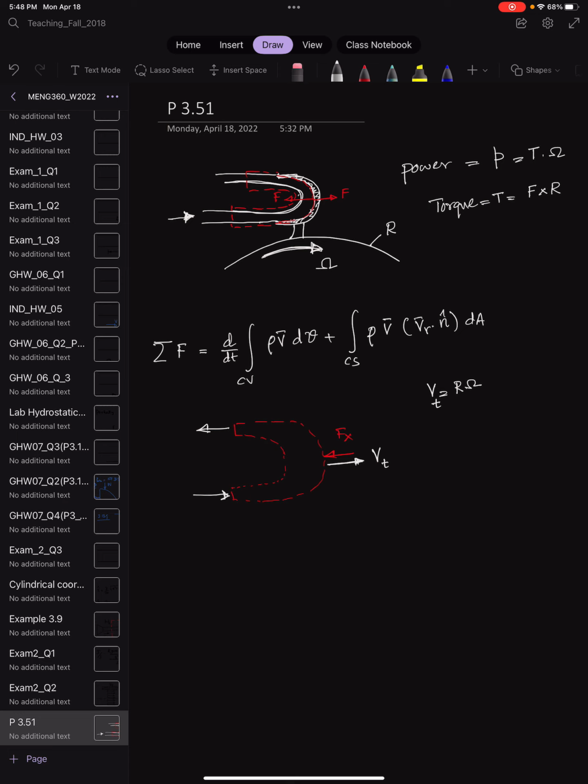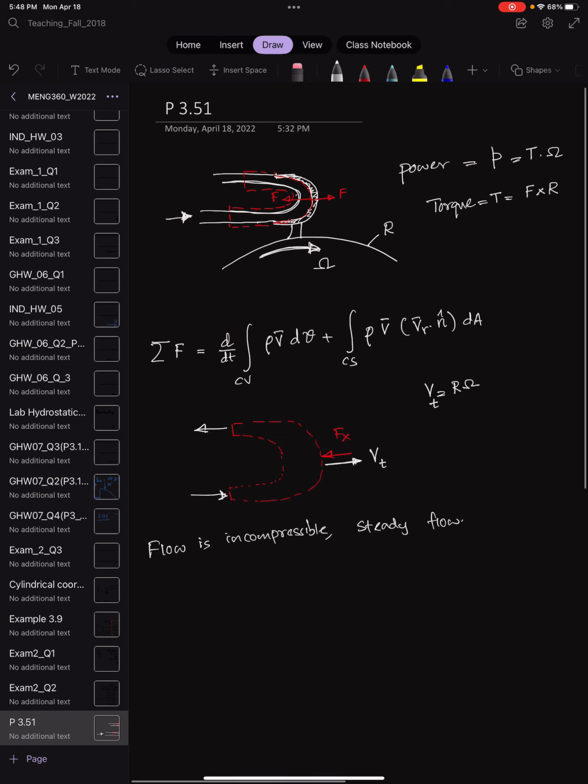So we can make some assumptions. One is that the flow is incompressible, and it is a steady flow, and it's a non-deforming control volume.